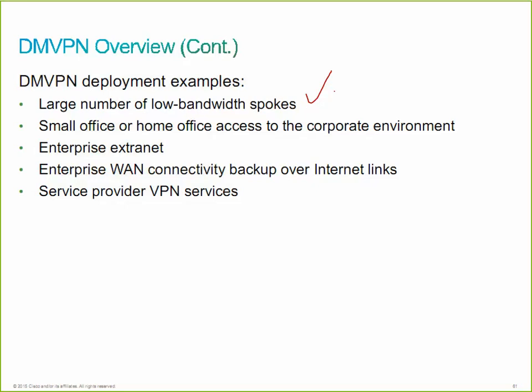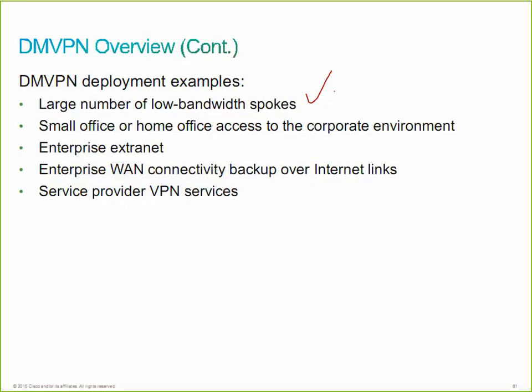They require connectivity to the headquarters, obviously, for secure transaction processing and so on. But we can connect these sites over the internet and still provide that privacy, the data integrity, and so on. Of course, this is a business critical application, so we can apply QoS, et cetera, et cetera. So that's an example of a large number of low bandwidth spokes.